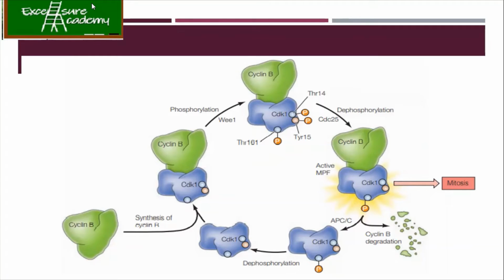So there is this CDC25, which, I mean, the CDK1 and cyclin B, these are present right at... Ma'am, I'll have to go through it once. I won't be able to. Yeah, start from here.